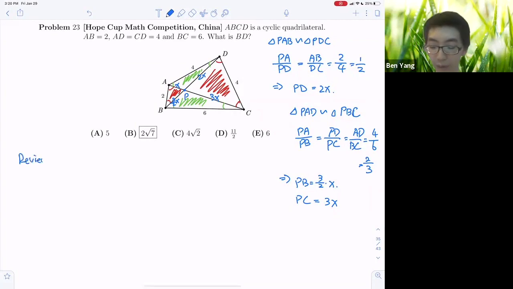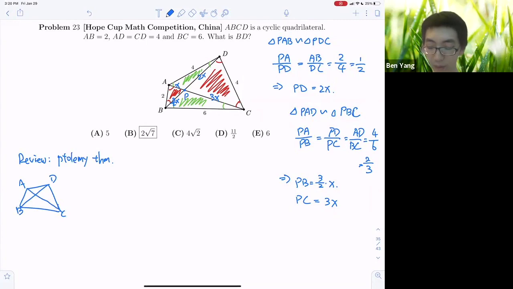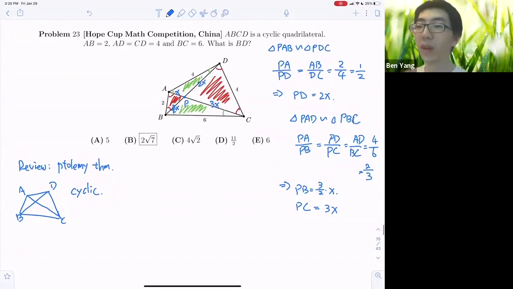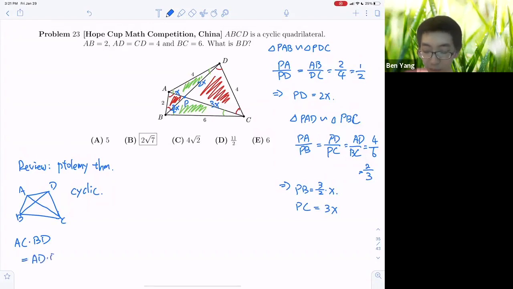Here's a brief review of the Ptolemy Theorem. If we have a cyclic quadrilateral ABCD, then we have a nice relationship among the sides of the quadrilateral and also the two diagonals: AC times BD, the product of the lengths of the two diagonals, is equal to AD times BC plus AB times CD.